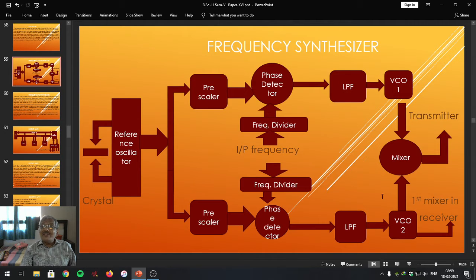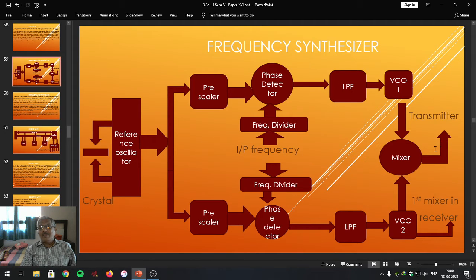two frequencies are generated. The outputs of VCO2 and VCO1 are given to the mixer. In this case, both the frequencies are mixed, and the carrier frequency required for transmitting the voice signal, for the purpose of modulation in the transmitter, is provided.